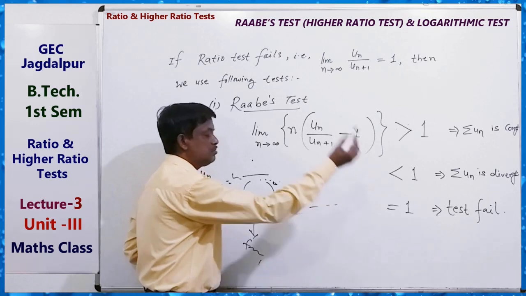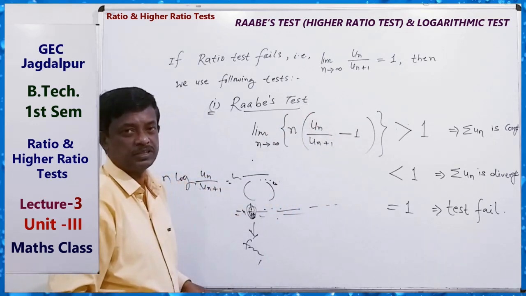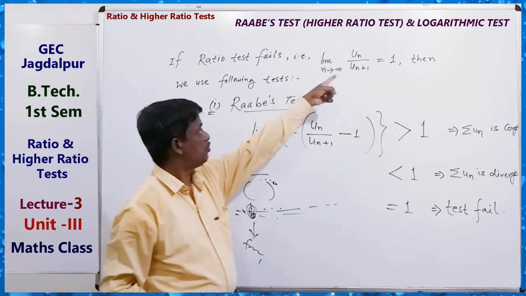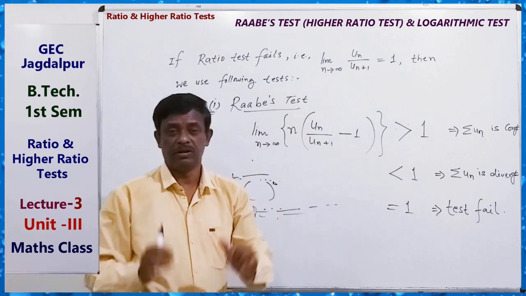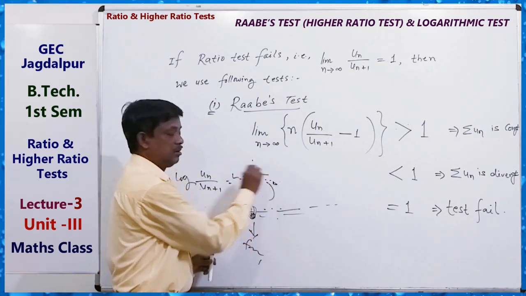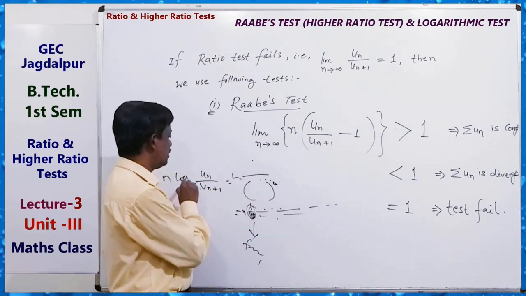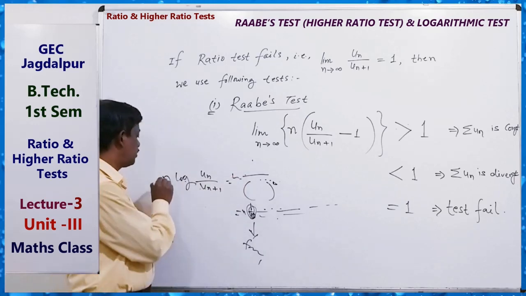So we can use the logarithmic test whenever un upon un plus 1 has a power quantity. We take logarithm on both sides and multiply by n.